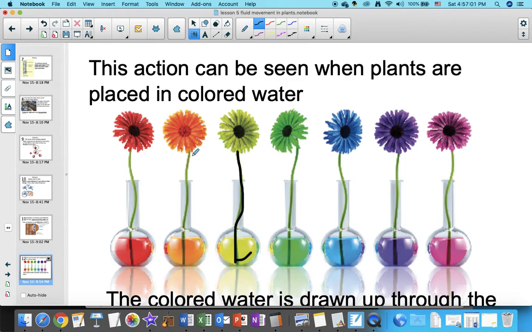So if you place colored water with plants, the colored water is drawn up through the plant because of the adhesion, the cohesion, and the buildup of water pushing the molecules up.